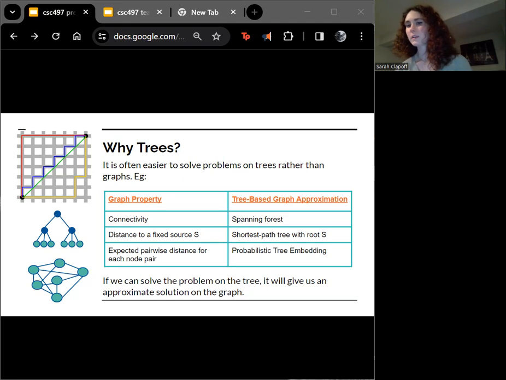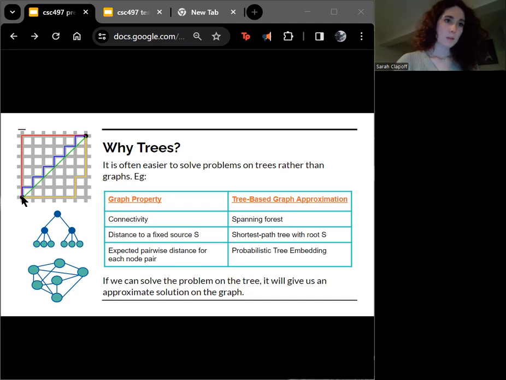So in broader terms, this is metric embedding. A metric is just a way of defining distances between two objects. A classic example is looking at the taxicab metric versus the Euclidean metric. In the taxicab metric, you can only go up and down and left and right, and in Euclidean, you can go on the diagonal.